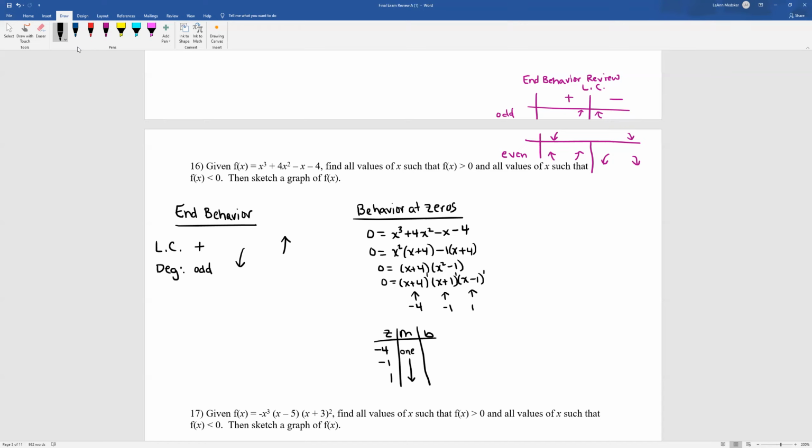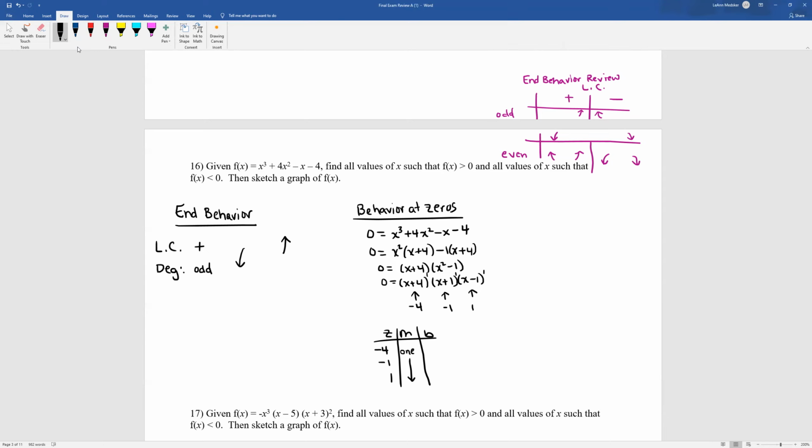And then when you have your behavior, we learned that if it is an odd multiplicity, it crosses the x-axis at that zero. If it has an even multiplicity, like squared or the 4th power, it's going to bounce or touch. That's usually the word they use in the textbooks. It's going to look a lot like a little parabola, like it's touching that x-intercept and bouncing back.